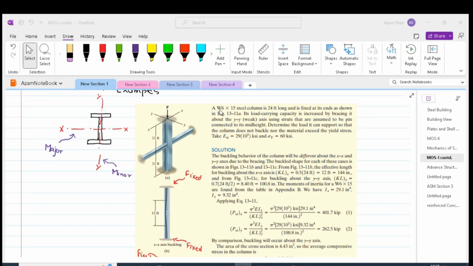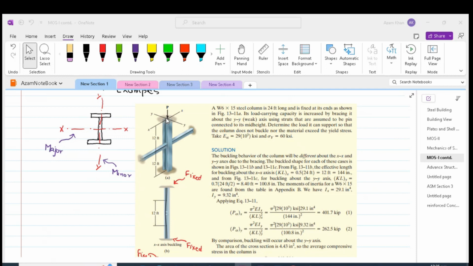The column is I-shaped, as we know the W section is the standard form for an I shape. In the case of I shape, the moment of inertia about x-axis is bigger than the moment of inertia about y-axis. Thus, x-axis is called major axis and y-axis is called minor axis in the case of I section.